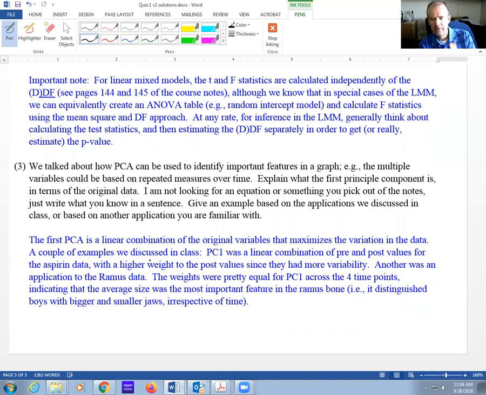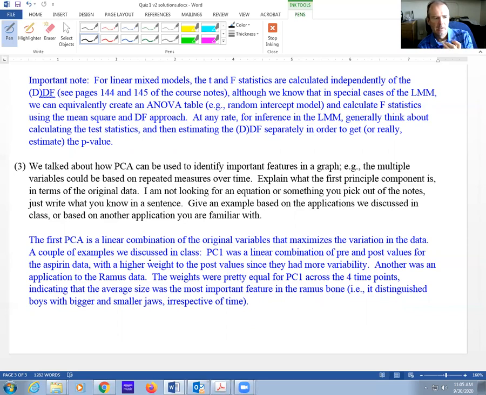You can see that it went through the points and captured the most variability. The Ramus data was another example where the weights were actually pretty similar between the 4 time points, so it was essentially saying that the average size is the most important feature in the data in terms of variability. It's capturing the most variability.